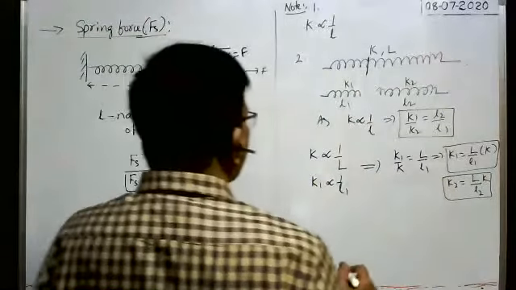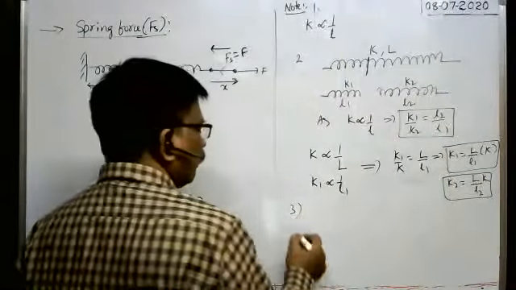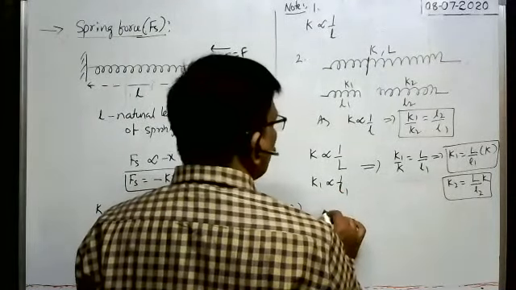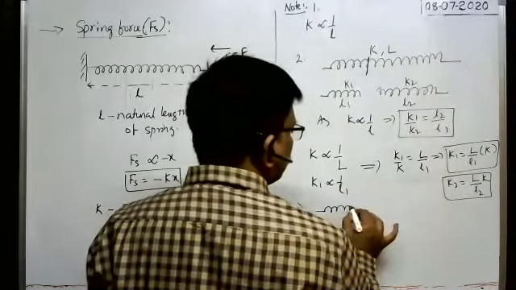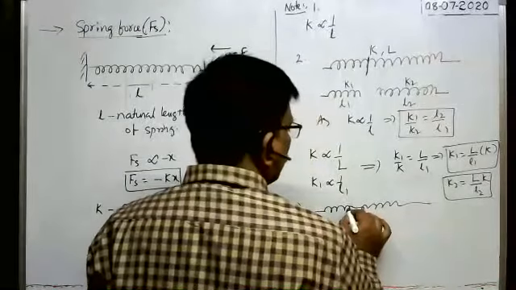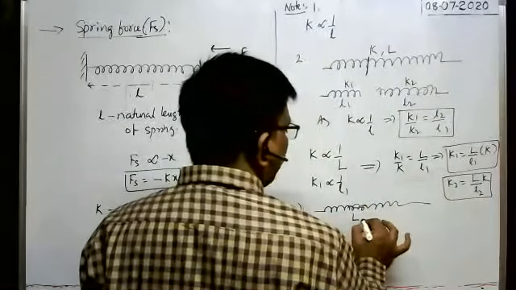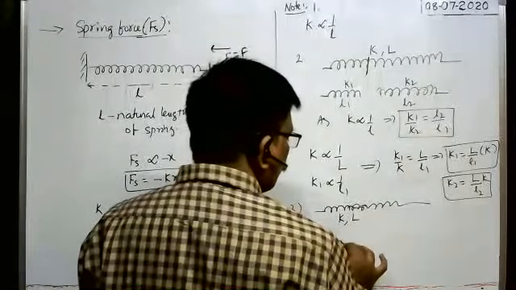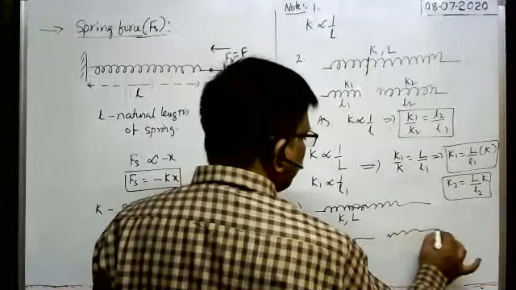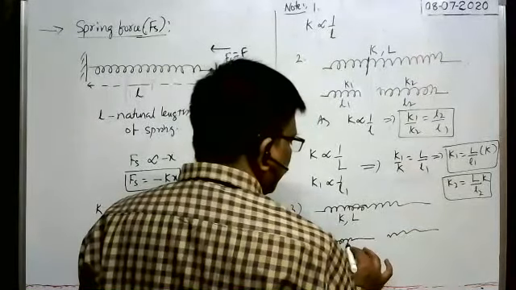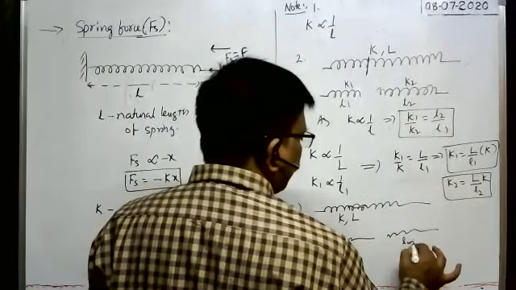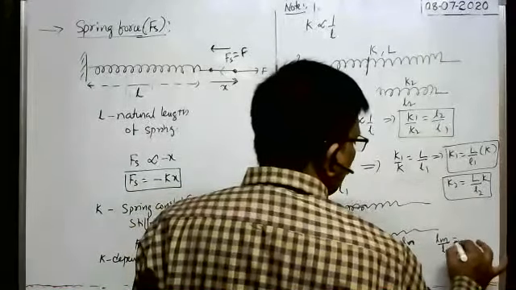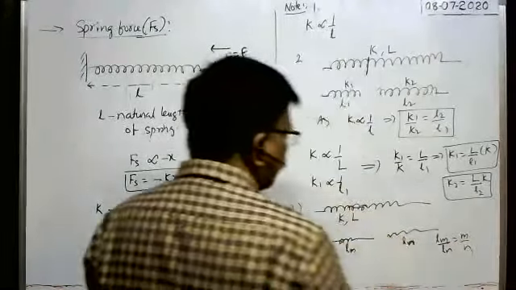Sometimes they may ask, once it was given in an exam, if the spring is divided into two parts so that their lengths are in a ratio. This is the spring having spring constant K and length L. It is divided into two parts so that the lengths of these two parts are Lm and Ln, which are in the ratio Lm by Ln is equal to m is to n.